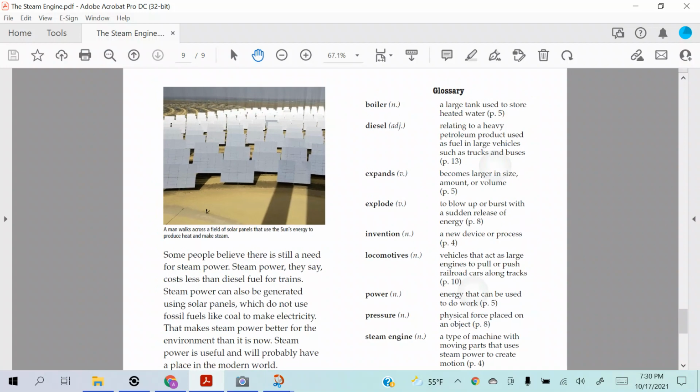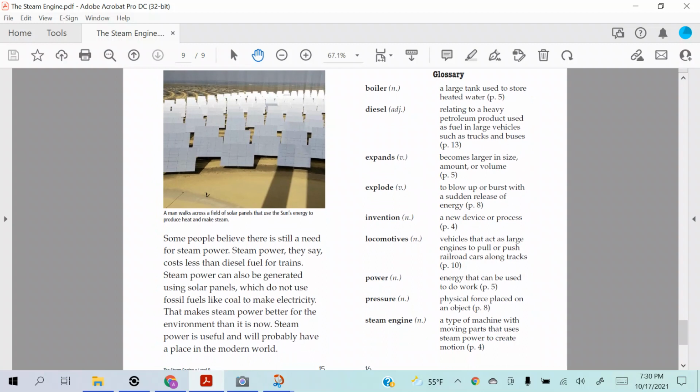All right, let's go over the glossary real quick. A boiler, a large tank used to store heated water. Diesel, adjective, relating to a heavy petroleum product used as fuel in large vehicles such as trucks and buses. Expands, becomes larger in size, amount, or volume. Explode, to blow up or burst with a sudden release of energy.